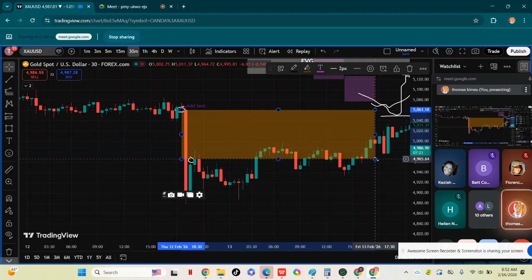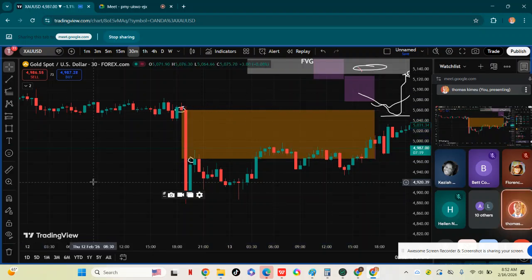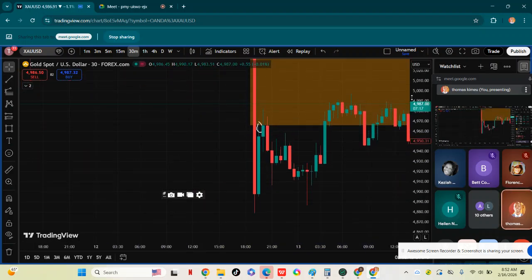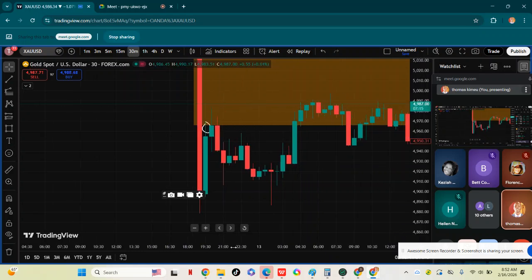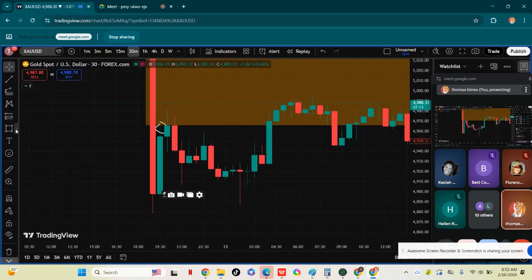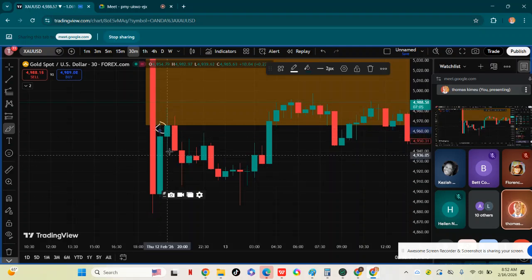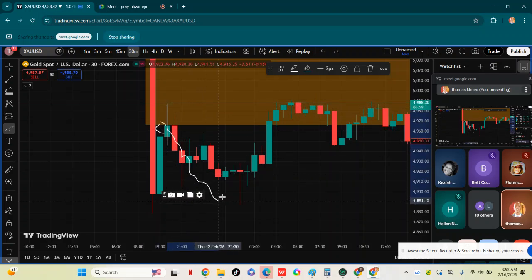So what happened when the market came and tapped the fair value gap? You can see when the market came all the way, this is the candle which created the fair value gap. So when the next candle formed and came and tapped this fair value gap here, you can see there was a big drop all the way to that level.